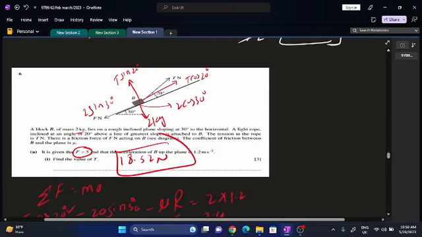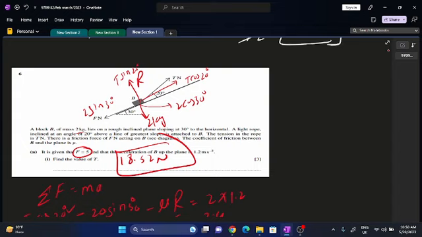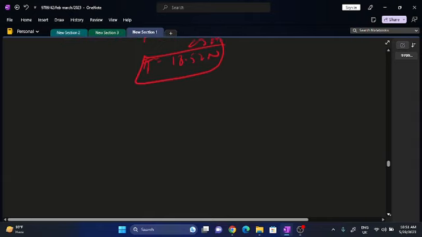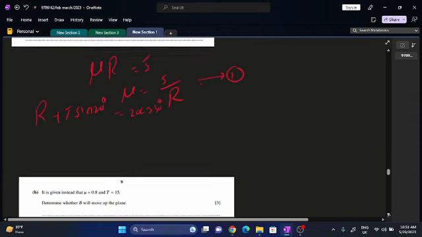Here is R. This R plus T sine of 20 degrees is opposite to the 20 cos of 30 degrees, meaning action and reaction are equal, so these factors cancel each other. So R plus T sine of 20 degrees equals 20 cos of 30 degrees. Use this figure to confirm your steps.